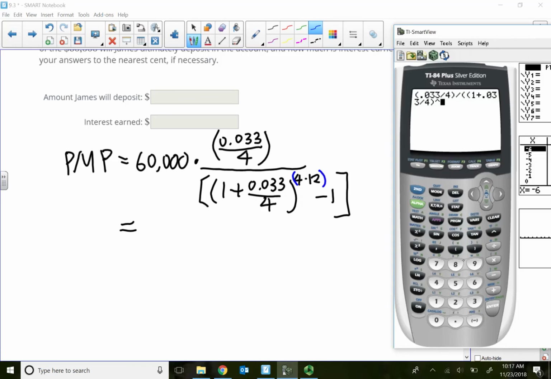So open blue parenthesis, 4 times 12, close the blue parenthesis, then minus 1. All right, let's close the brackets. Okay, all that times by the $60,000.